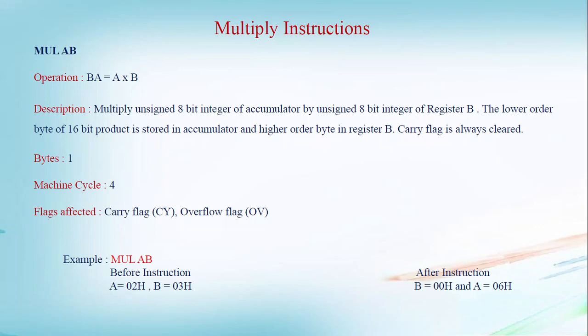After the MUL instruction gets executed, the lower byte gets stored into the accumulator and the higher byte will be stored into the B register. That's why after the instruction B equals 00H and A is 06H.